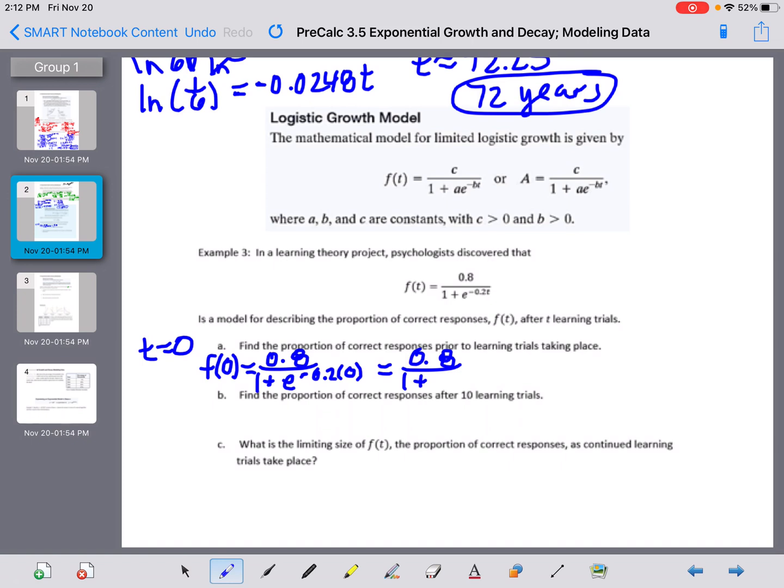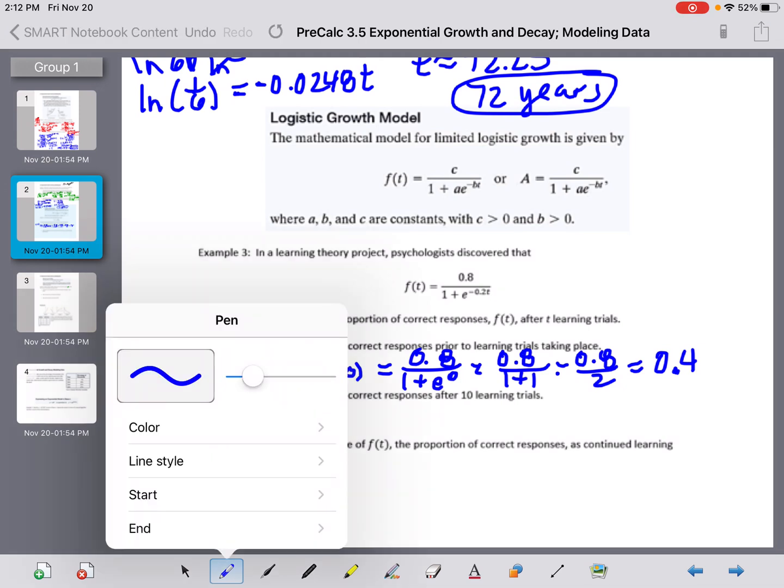So if I say I have e to the 0 power, well, what's anything to the 0 power? It's 1, right? So I get 0.8 divided by 2. It looks like I have a 0.4, or think about that as a 40% chance of getting correct responses with never learning about the material, I guess, okay? So it's not very high, 40%, right?